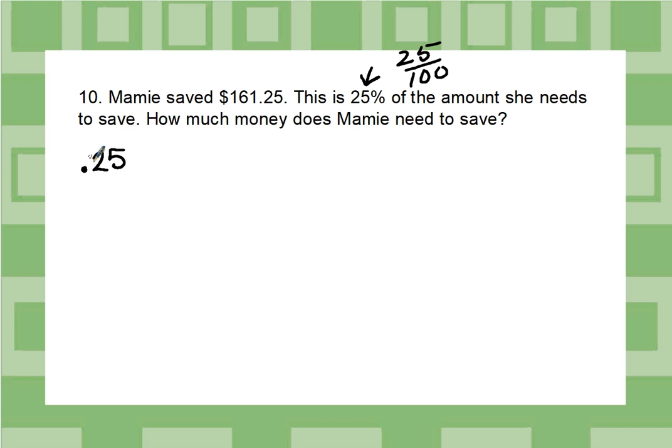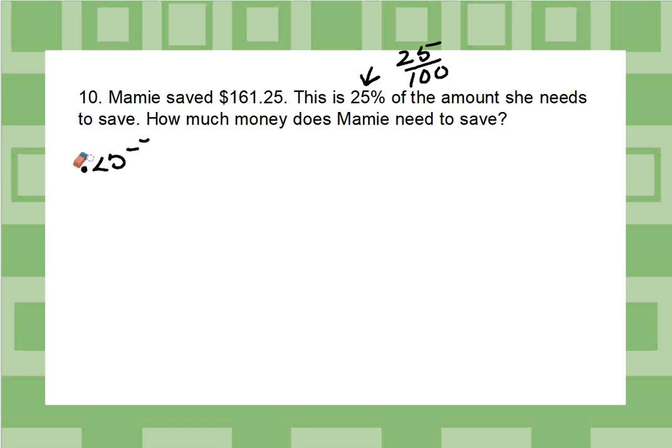By knowing that, we are going to have 161.25 divided by 0.25. Okay? Hold on here, people. I think I'm doing something wrong.